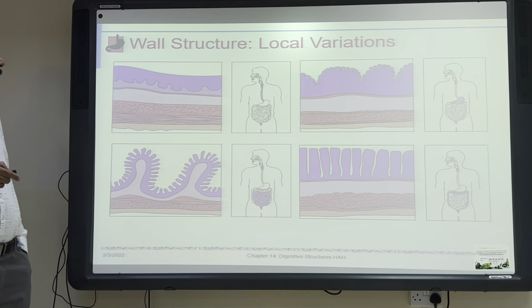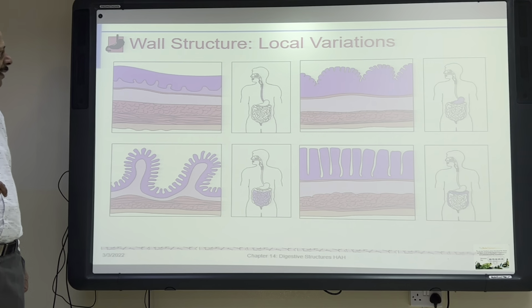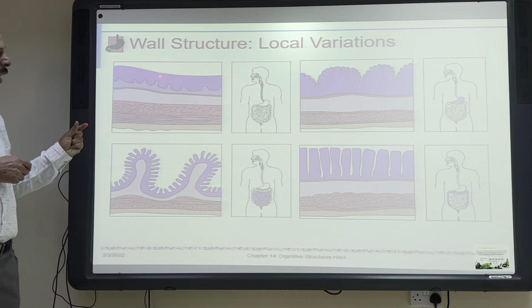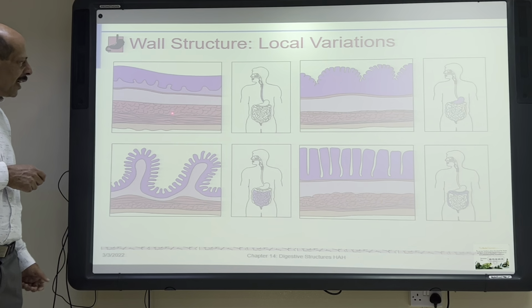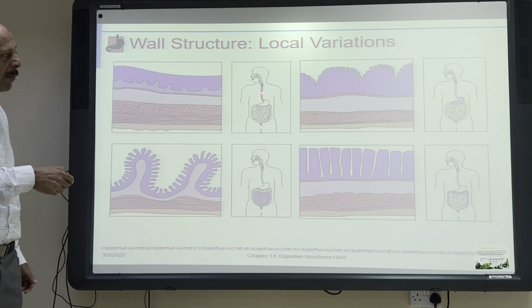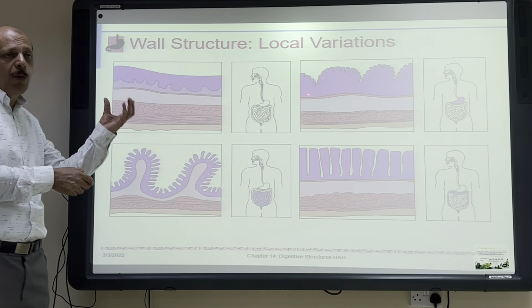So the local variation of the structure depends upon the site. There might be a thin layer of mucosa, submucosa, muscular layer and serosa in the upper part of the digestive system, in the esophagus, because it is just a pathway.